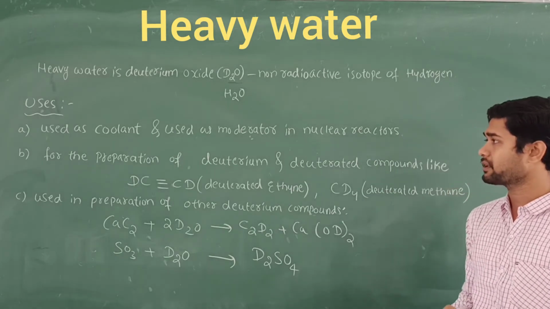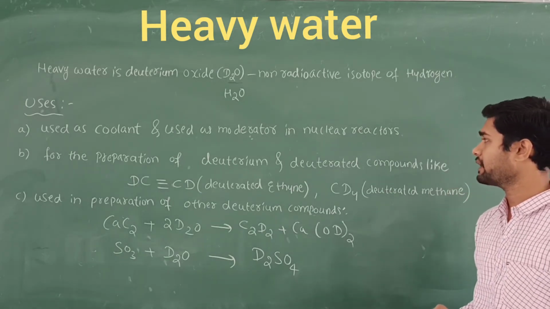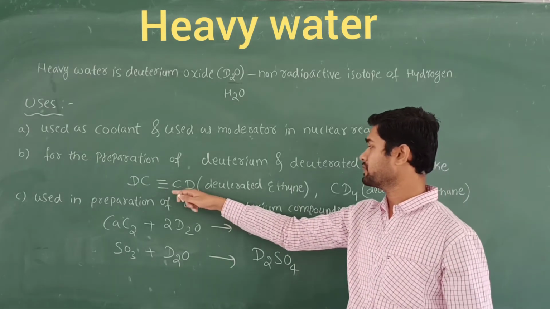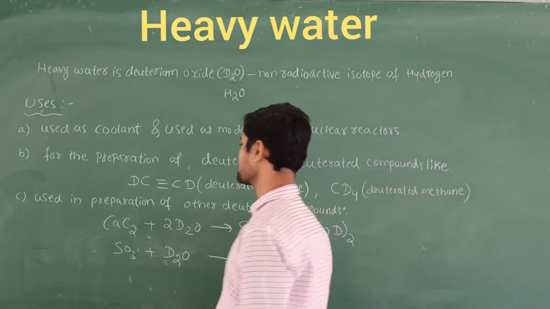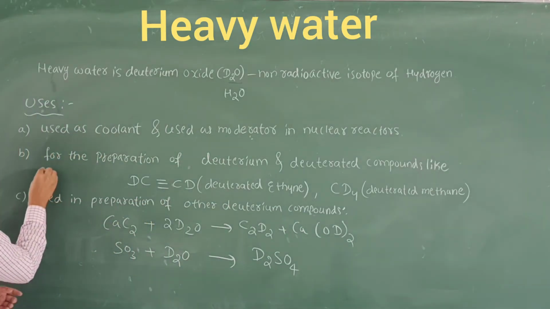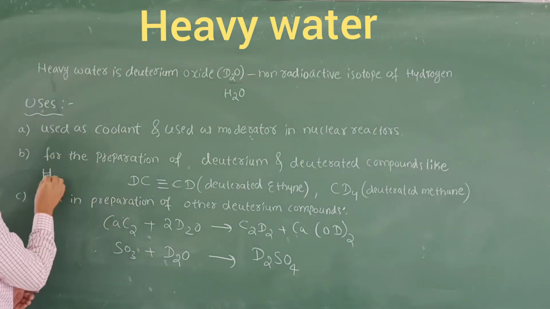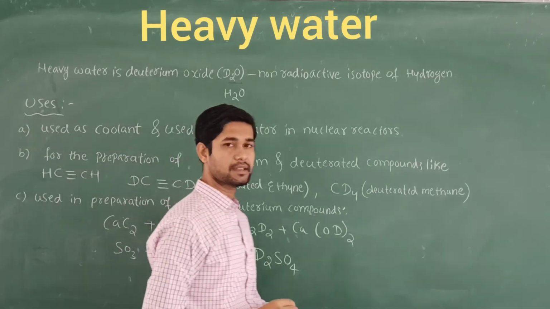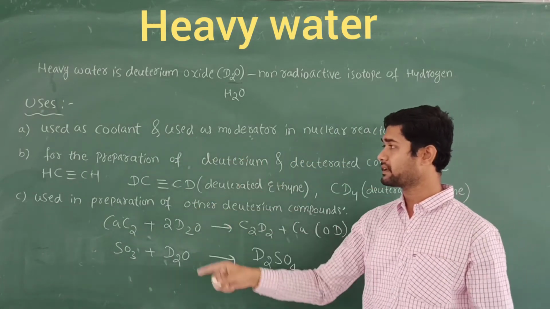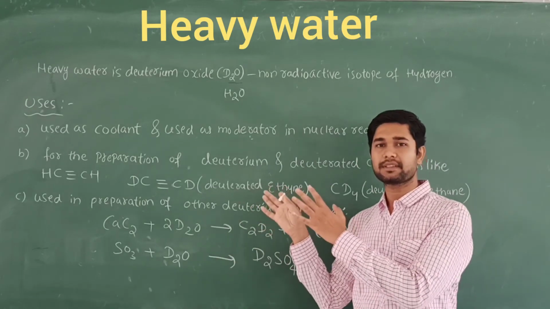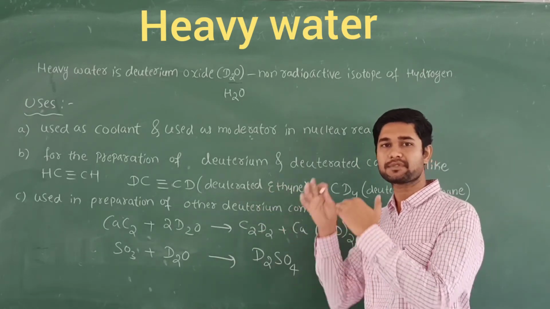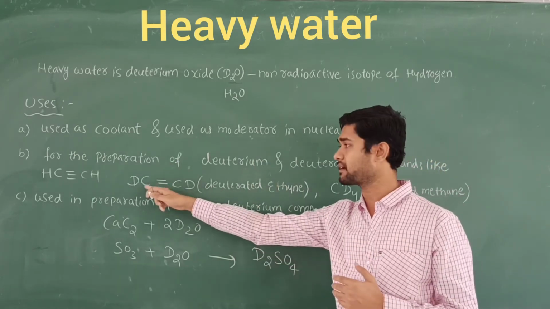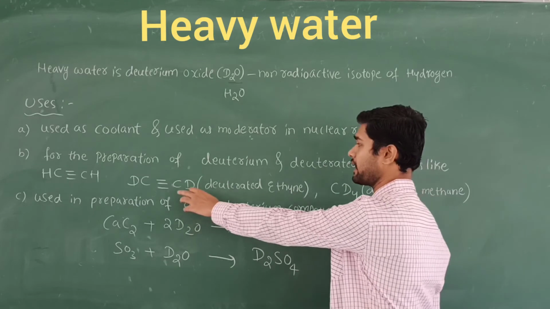Second, it is used for the preparation of deuterium and deuterated compounds, like deuterated ethyne. If I write hydrogen instead of D, its name is ethyne.